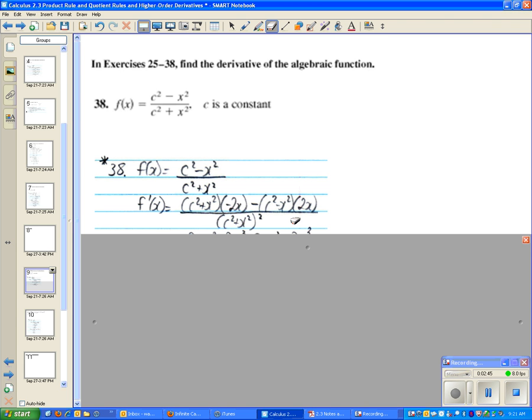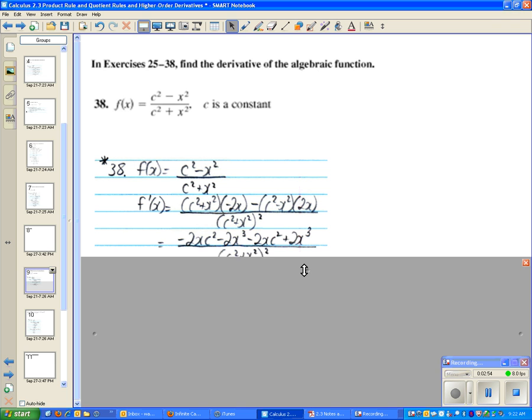Now we simplify. Okay? So, there in the top, let's distribute that negative 2x. And when I distribute the negative 2x times c squared, I get negative 2x c squared. Then I distribute the negative 2x. I don't know why I keep wanting to leave that negative off, but I do.